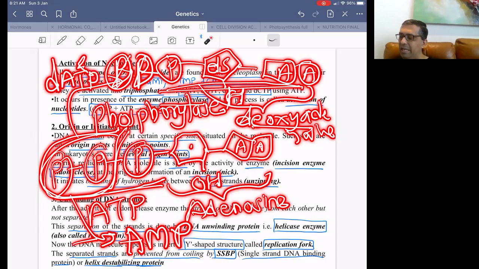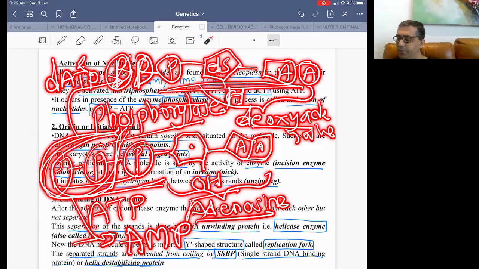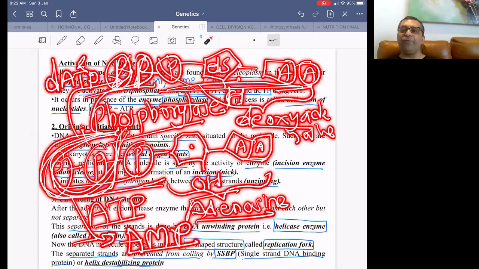So what is present inside the nucleus? Adenosine, ADP, ATP, adenosine triphosphate. What does phosphorylase do? It removes two phosphates, and adenosine triphosphate becomes adenosine monophosphate. And on deoxyadenosine monophosphate, DAMP, phosphorylase supplies the two phosphates to become deoxyadenosine triphosphate.